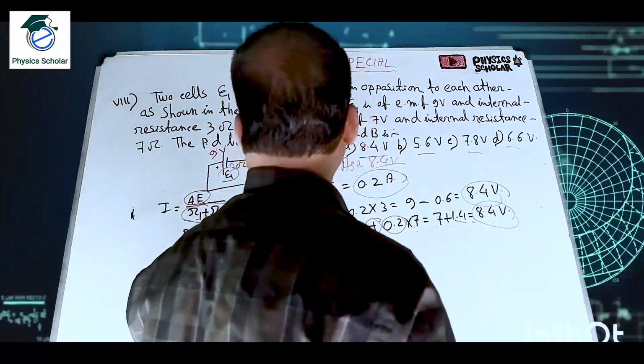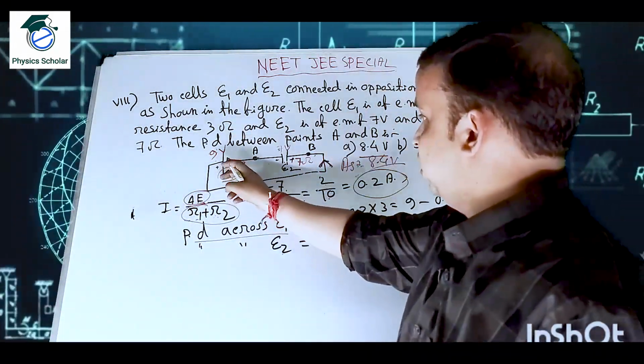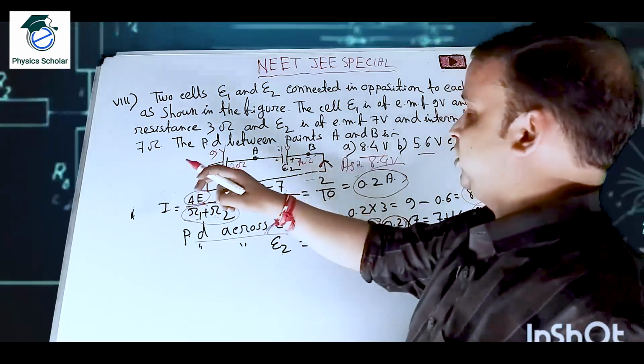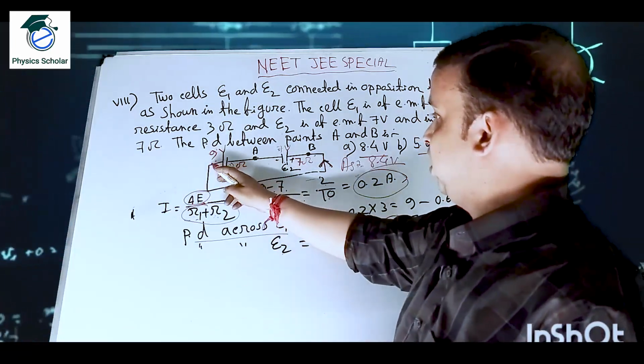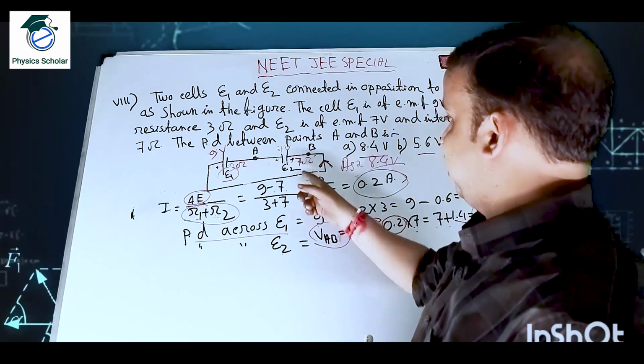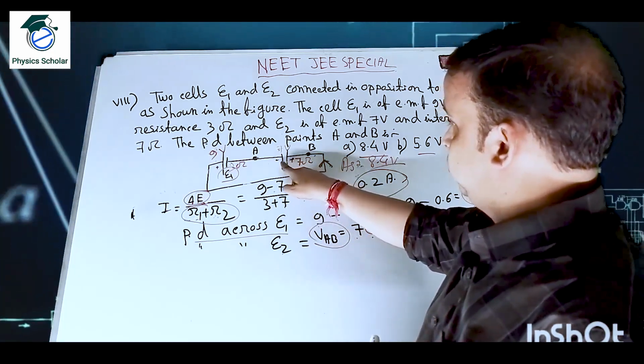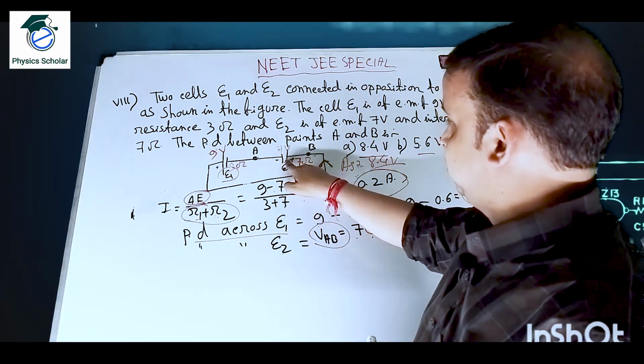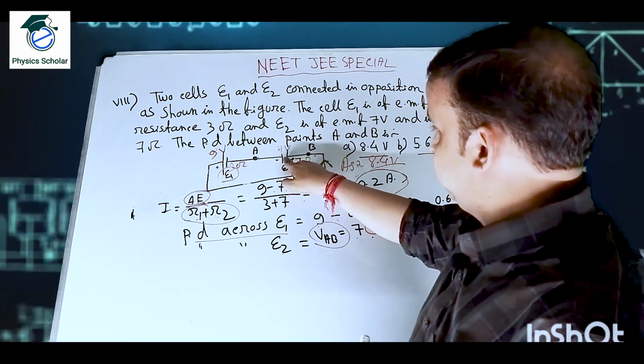That will be the answer, because this voltage is more, that's why the current will flow in this direction. Inside the battery the current flows from negative to positive, but outside the battery it flows from positive to negative.